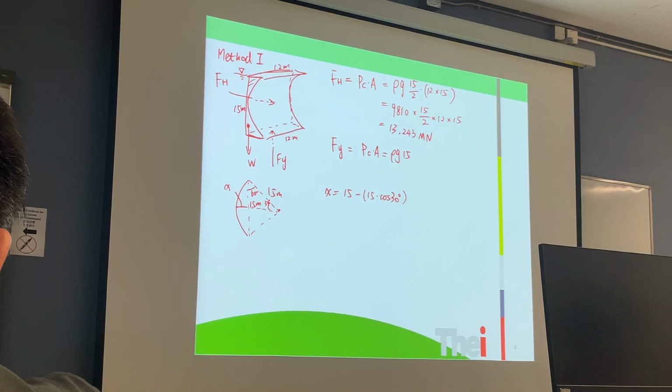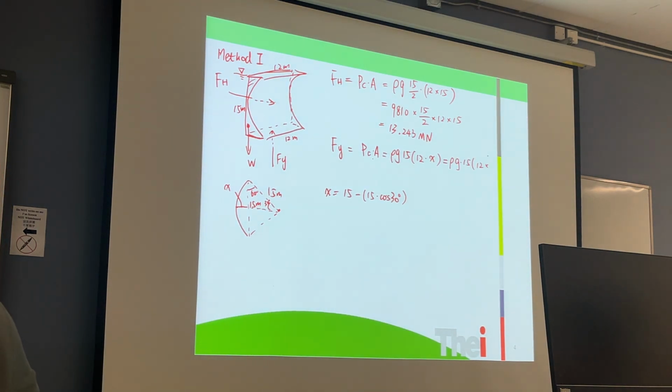Now x is calculated like this. So this area is equal to 12 meters times x, so the force is equal to rho g times 15 meters times 12 times the 15 subtracts 15 times the cosine 30 degrees.